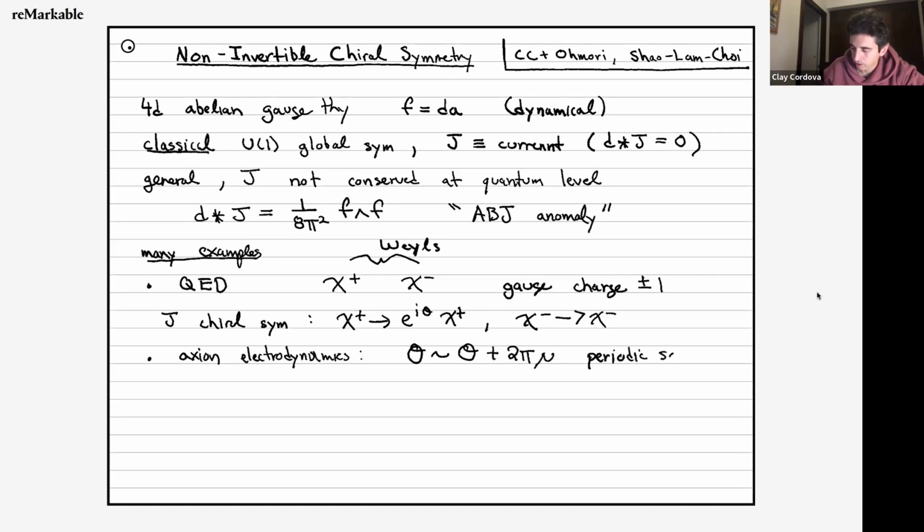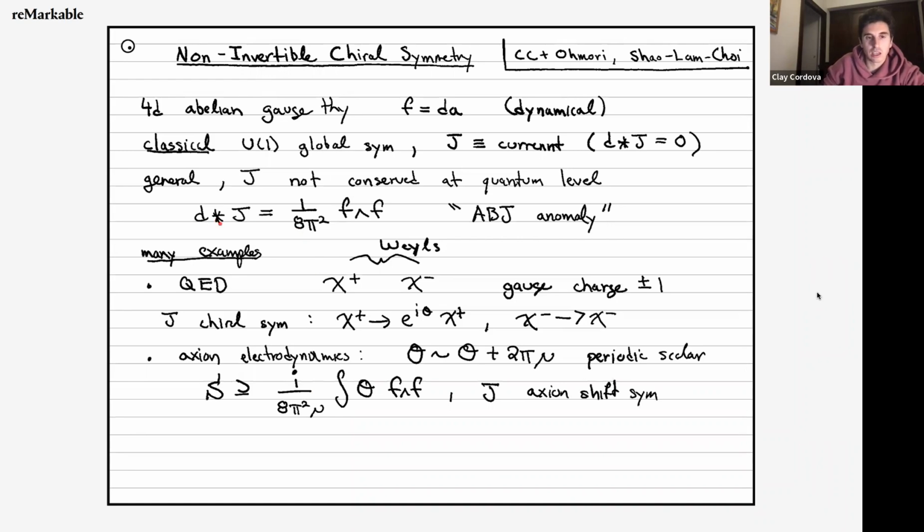And to say it's an axion means that in the action, one has a term like i over 8 pi squared mu integral of theta F wedge F. And you could take J in this problem to be the axion shift symmetry. Then this interaction will induce this equation for that axion shift symmetry. Those are some really basic examples of this.